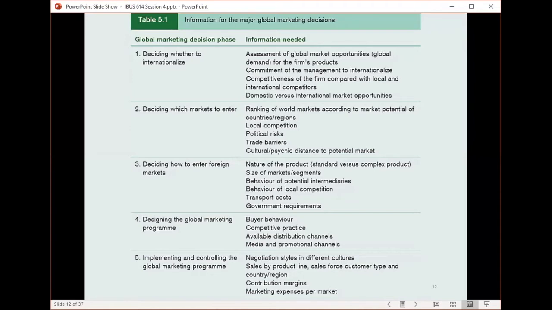And you also need to look into the domestic market opportunities versus the international market opportunities. Perhaps it may not be wise at the moment to go international, or the best time to go international may be now. You can't tell whether going international is the right thing for you or not as an organization unless you do research to ascertain.